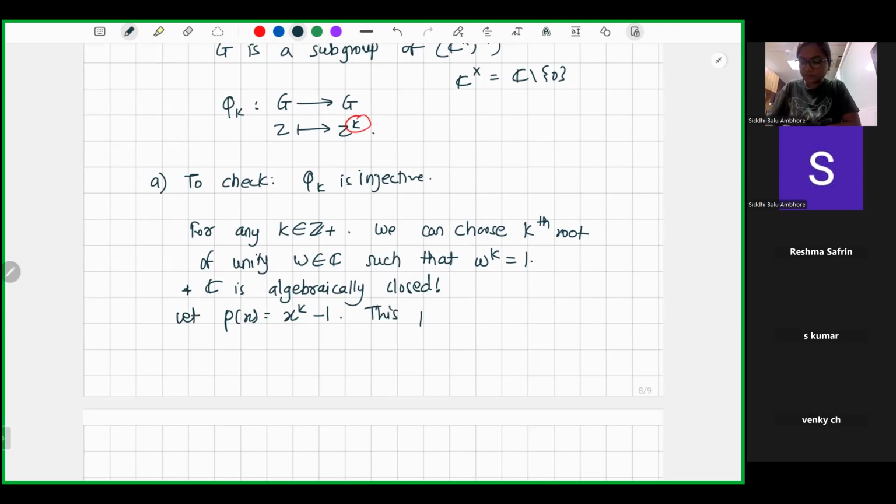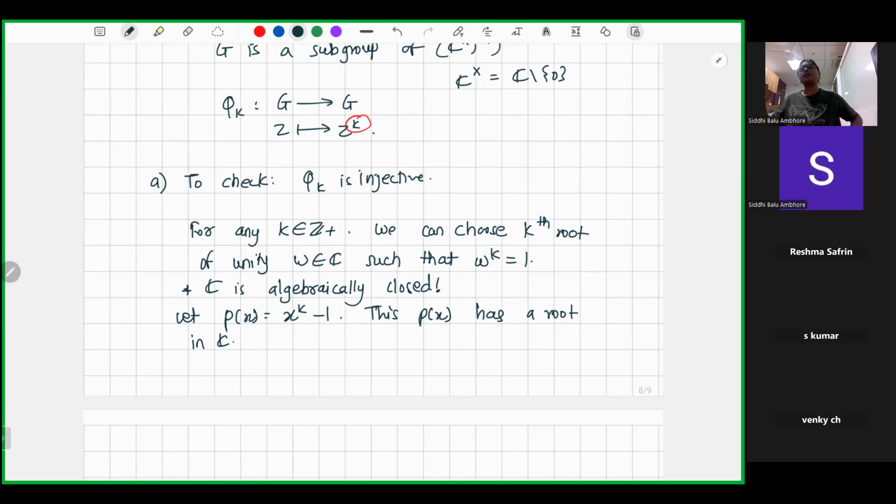This p(x) has a root in C. We know C is algebraically closed, so this polynomial x power k minus 1 will have some root.